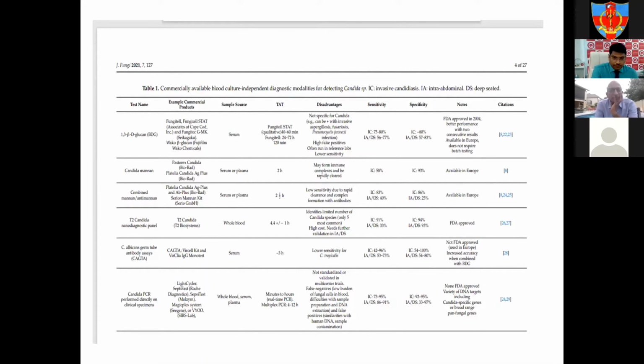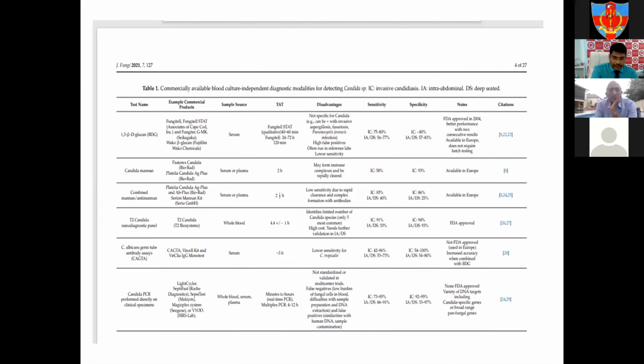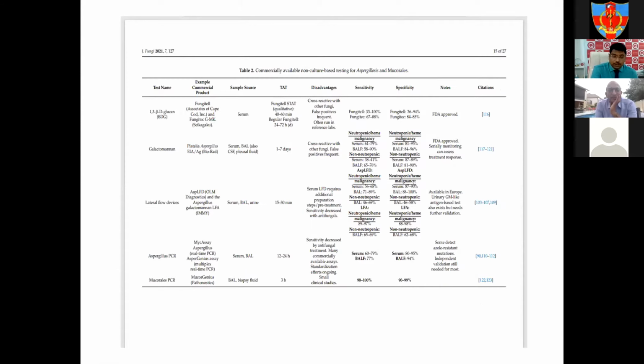These are the list of tests, and this was in the context of candidal infections. Candida, in fact, is the commonest fungal infection. And for aspergillus, we have a different set of diagnostic tools, ranging from serological testing to molecular testing.